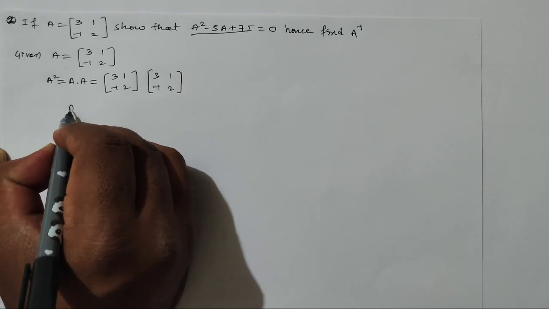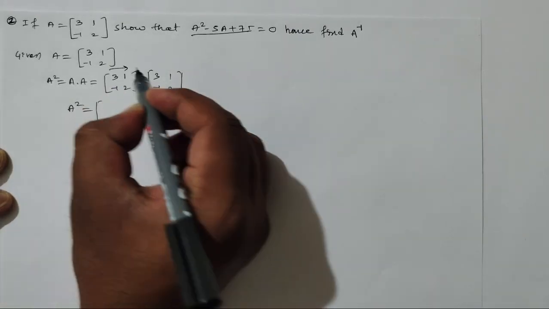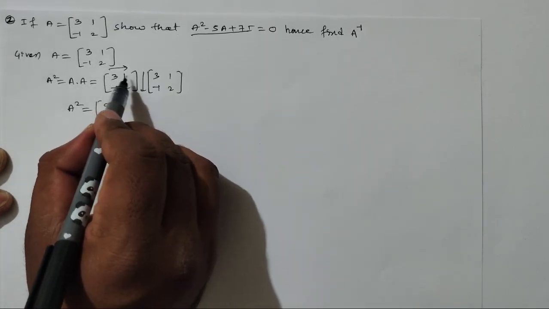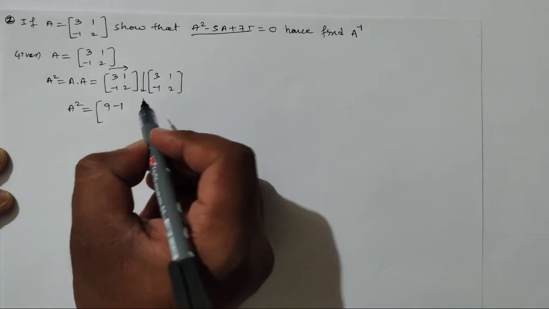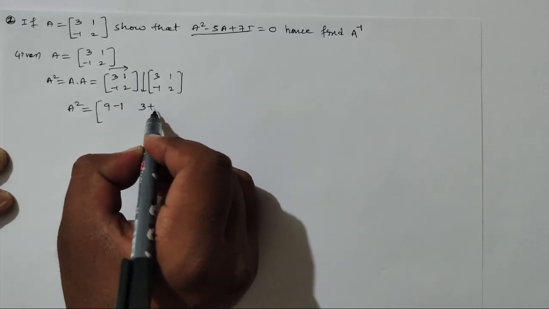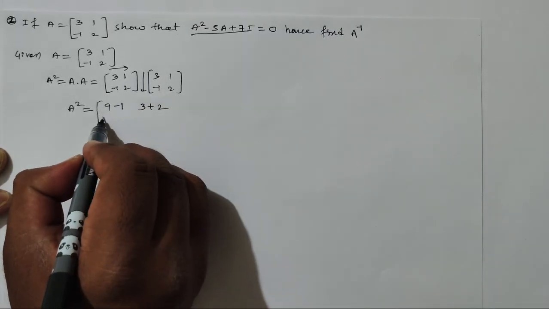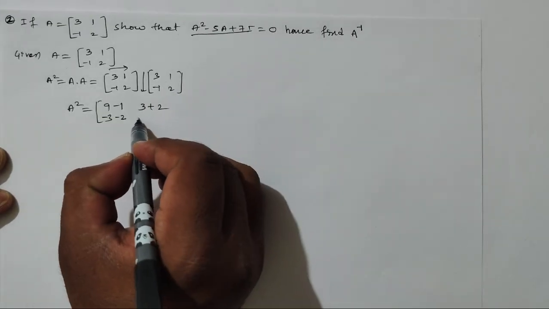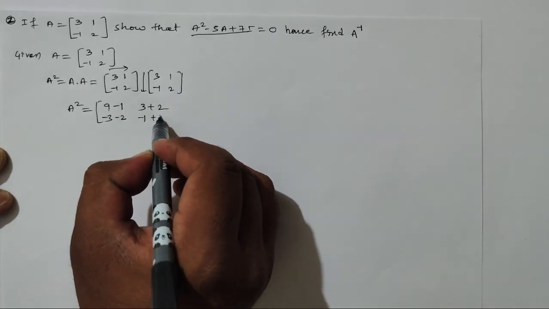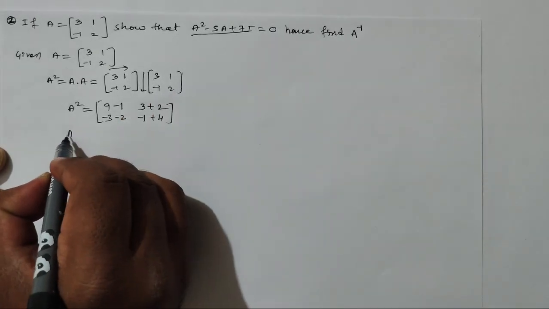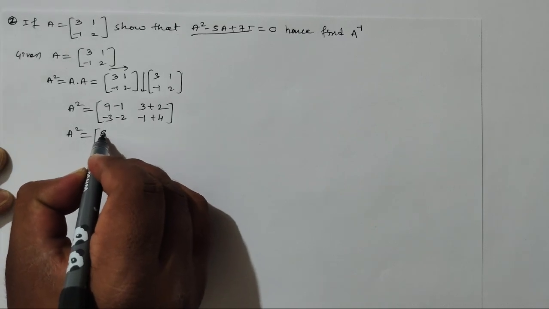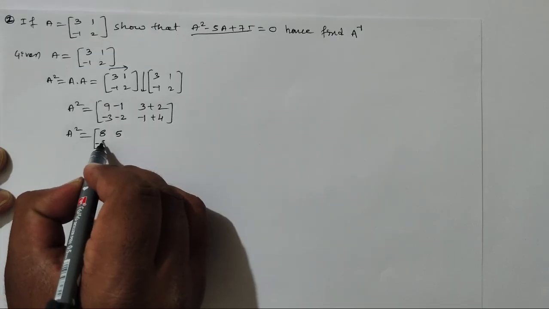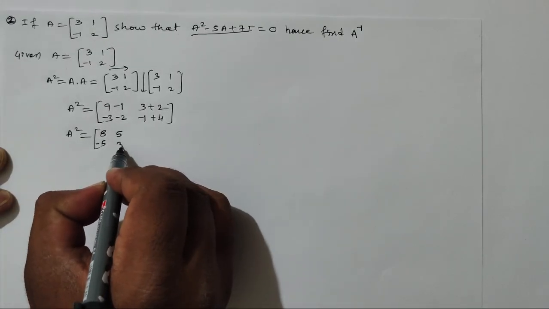Rows into columns: 3 3s are 9, 1 into minus 1 becomes minus 1; 3 1s are 3, 1 into 2 becomes 2; minus 1 into 3 becomes minus 3, 2 into minus 1 becomes minus 2; minus 1 into 1 becomes minus 1, 2 into 2 is 4. So A square is [9 minus 1 becomes 8, 3 plus 2 becomes 5; minus 3 minus 2 becomes minus 5, minus 1 plus 4 becomes 3].